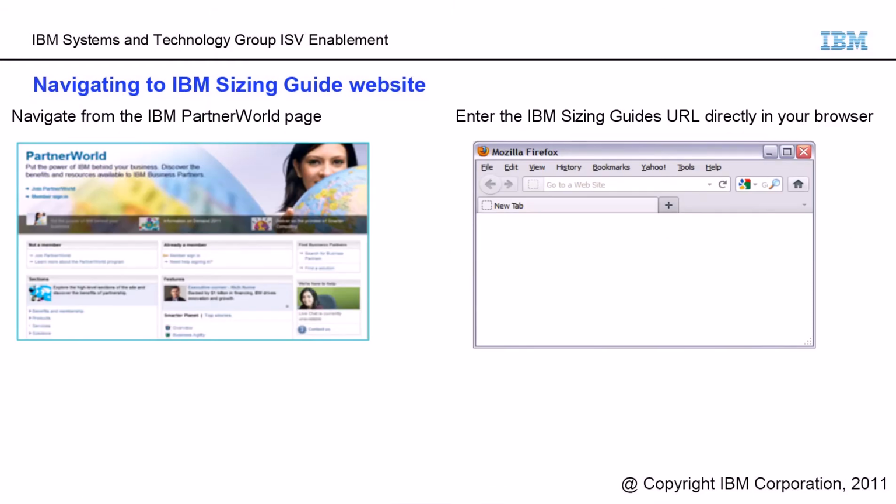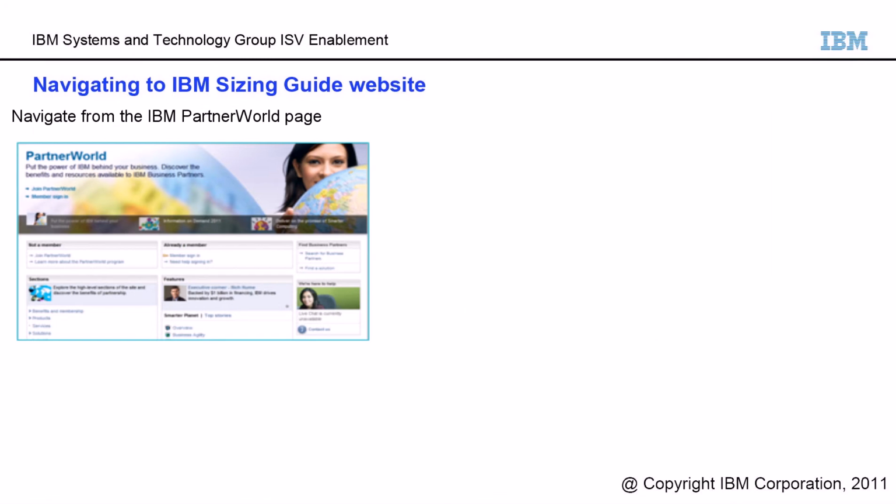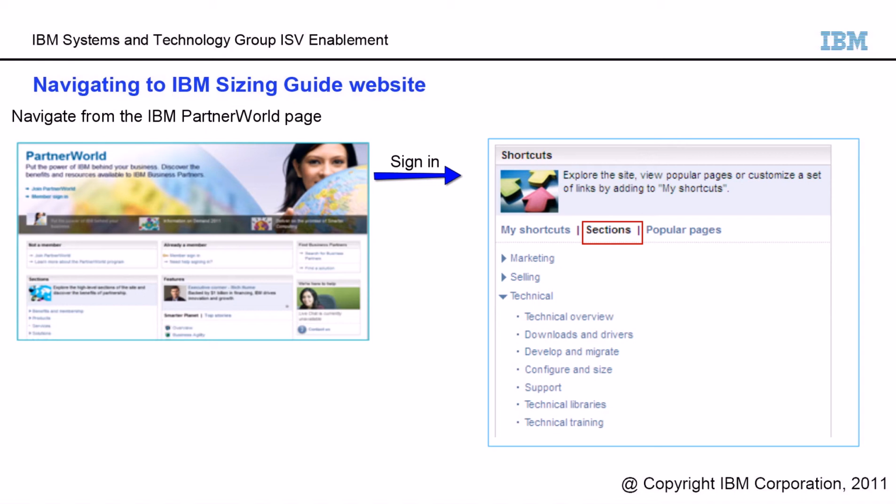There are two ways to reach the IBM Sizing Guide website. You can either navigate from the IBM Partner World page, or you can enter the URL directly into your browser. To navigate from the IBM Partner World page, after signing in, under Sections, expand Technical, and then click Configure and Size.